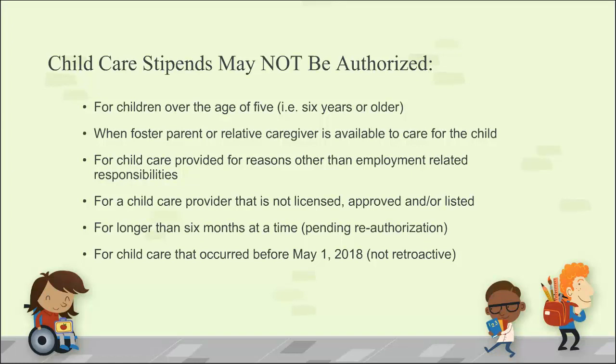We can't use the child care provider. We can't reimburse the cost to a foster parent for a child care provider that we haven't somehow either verified is licensed or approved ourselves. We can only do the initial approval for 6 months. We need to reauthorize it each 6 months.